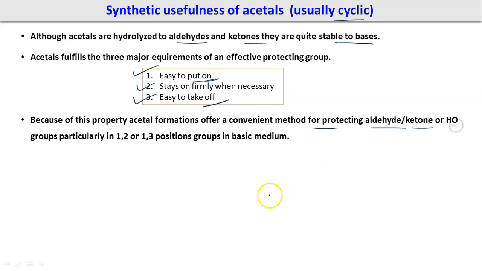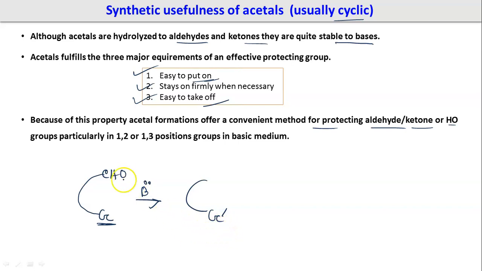also protect OH. So suppose we have any molecule, I am drawing arbitrarily, there is G, and here we have suppose aldehyde. Okay, now we want to convert G, suppose under some basic condition, and there will be from G, there is G prime, that is some conversion is taking place.